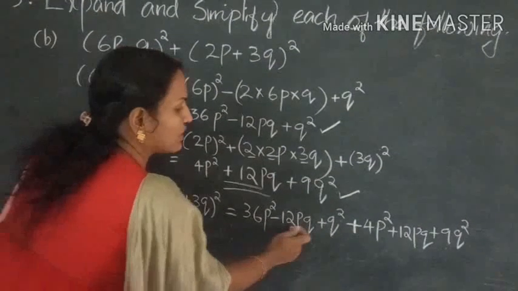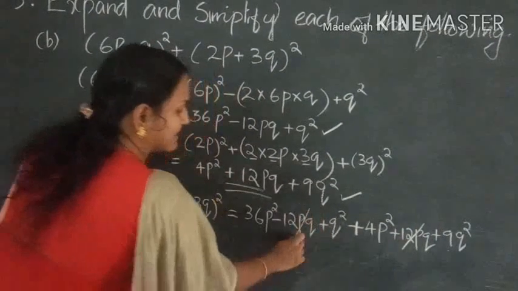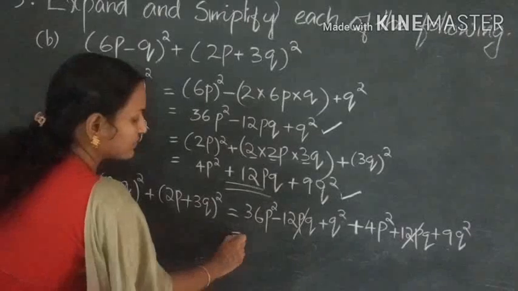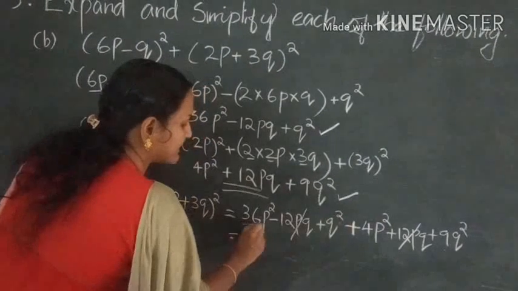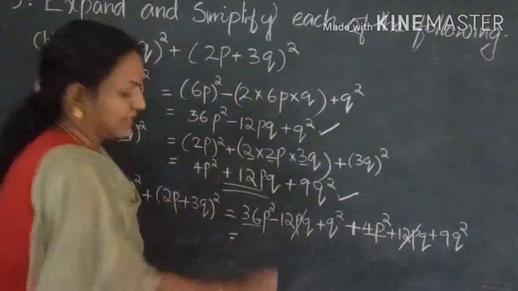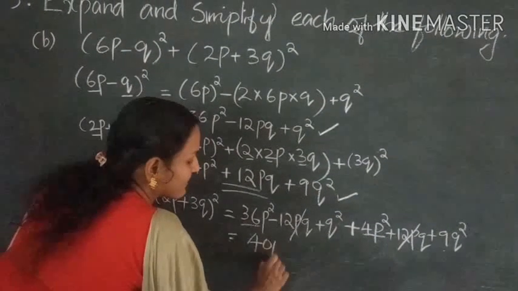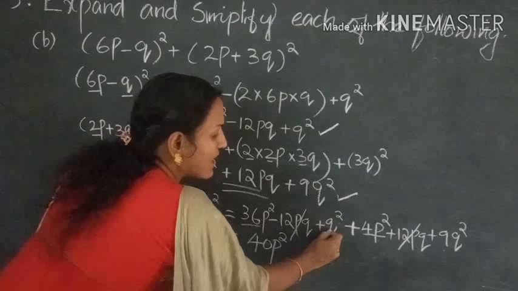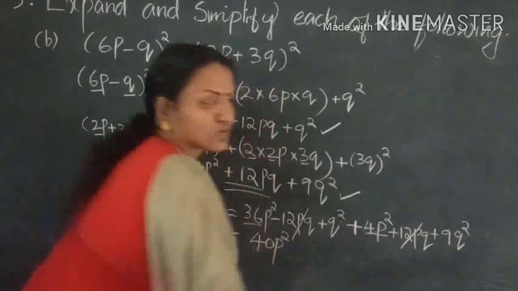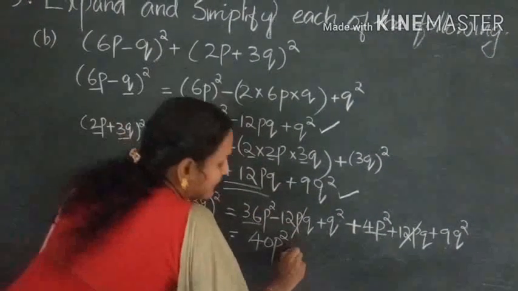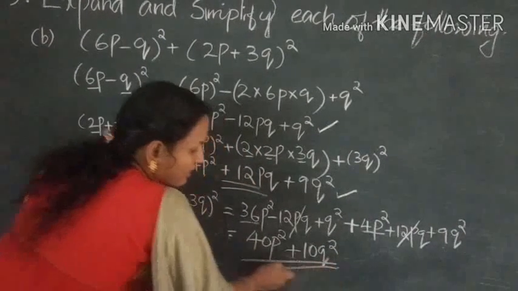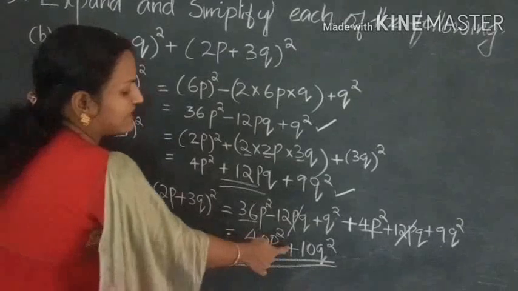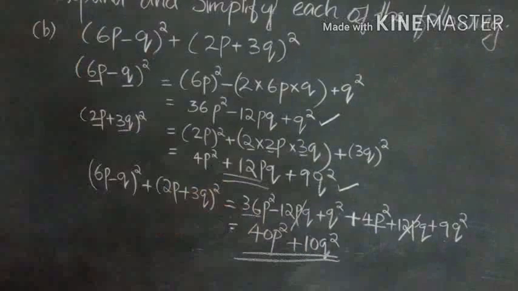Minus 12pq plus 12pq cancel. 36p square plus 4p square is 40p square. q square plus 9q square, 1 plus 9 is 10, so 10q square. The answer is 40p square plus 10q square.